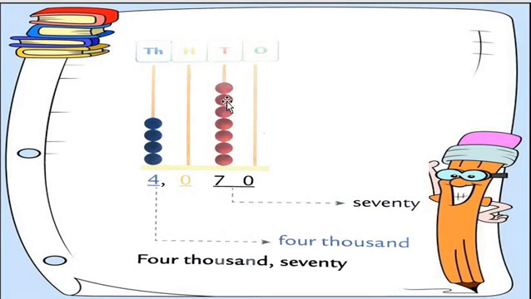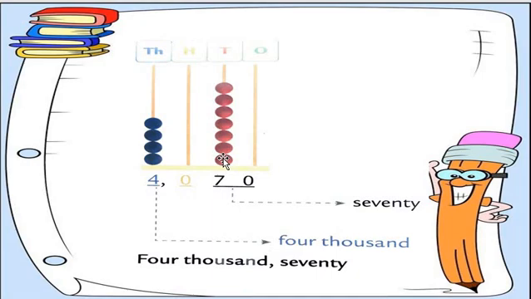Okay, so what to do now? We check here. Now we write the full answer on the basis of these places: 1000, 100, 10 and ones. Okay, so 4 bits means 4,000. Then after that 70, so 4,070. The 100 place is 0.